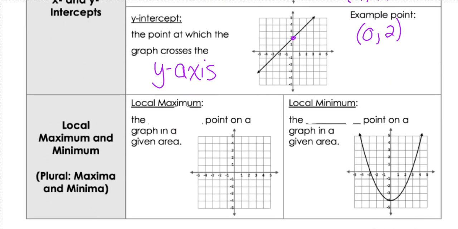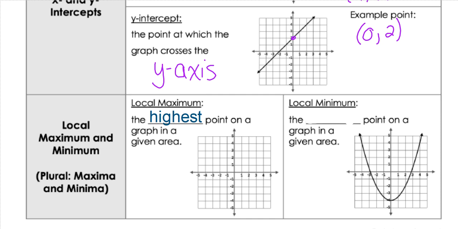All right, moving on with our vocab, we also have local maxes and local mins. If we have more than one local maximum, it's called maxima. And if we have more than one minimum, they're called minima. So all together, that's the plural. A local maximum is the highest point on a graph in a given area.